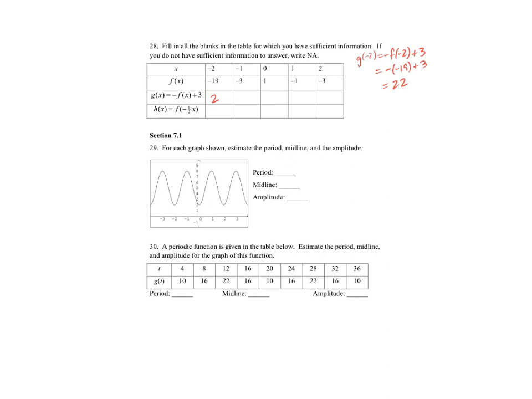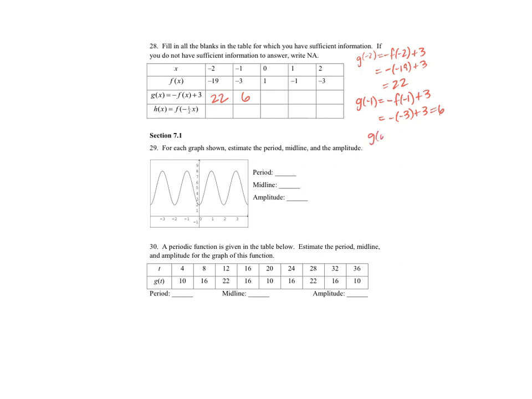So that goes here. And then g of negative 1 is going to be negative f of negative 1 plus 3. So f of negative 1 is negative 3, so that gives me positive 3 plus 3, which is 6. That goes here.